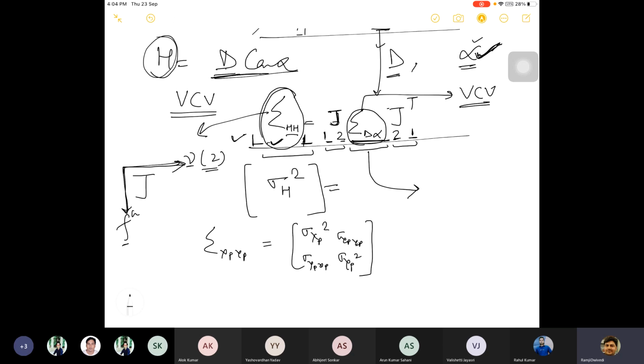Then you need to tell me, Shivam, what is the dimension of sigma d alpha. Sir, 2 into 2, because sir, there are two variables, D and alpha. So tell me the components also. Okay, very good attempt.